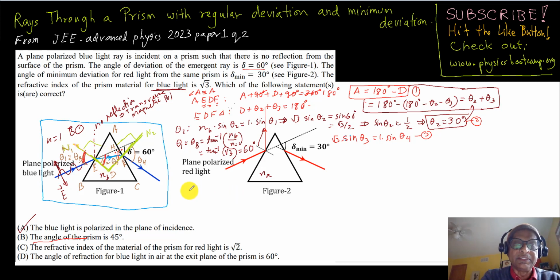So in that triangle with H and E and F, this is 180 degrees minus delta, and this one is theta 4 minus theta 3, and this side is theta 1 minus theta 2.